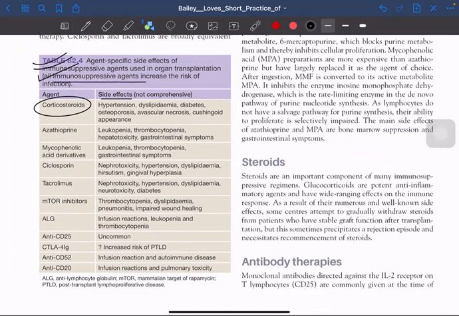The corticosteroid has a vast buffet of side effects: hypertension, dyslipidemia, diabetes, Cushingoid appearance, osteoporosis, AVN, all side effects of corticosteroids. The most important is CTLA4, which is causing an increased risk of post-transplant lymphoproliferative disorders.